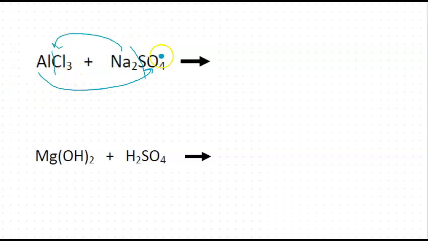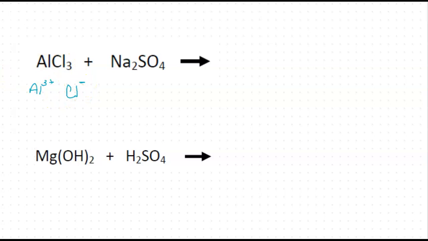So what we're going to do is look at these charges for our ions in our reactants. When I look at my aluminum chloride, I have an aluminum ion with a 3+ charge, and then I have chloride ions that each have a -1 charge. Notice that I didn't bring my 3 down. I'm just interested in this ion and its charge of -1.